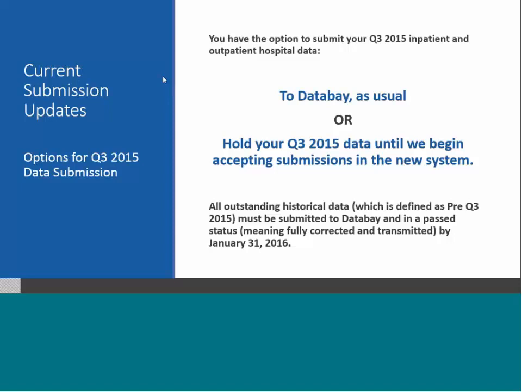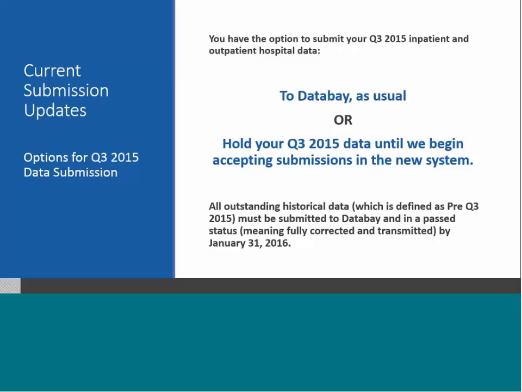Where there is no option is for the old historical data. Anything that is pre-Q3 2015 needs to be submitted via the database, and it needs to get through the process, meaning it needs to be in a pass status by January 31st of 2016.